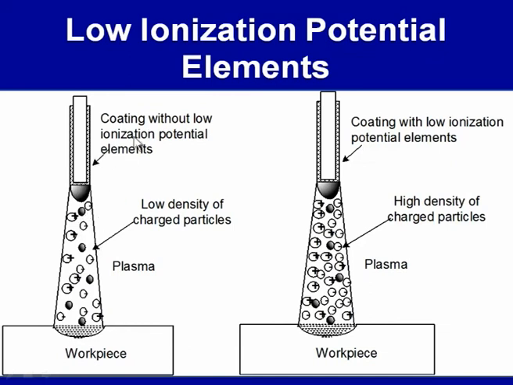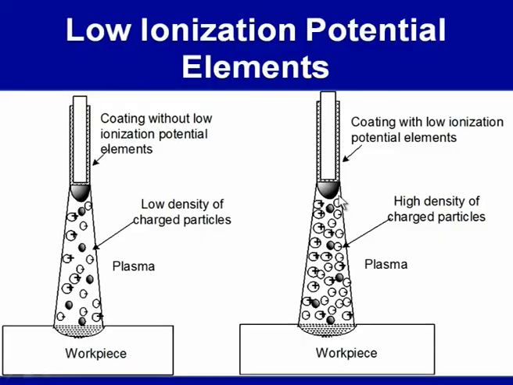Therefore, in case of bare electrodes, when no coating material or low ionization potential elements are used with the electrodes, the stability of the arc with AC becomes poor, and this in turn results in non-uniform and unstable heat generation, leading to the development of a poor weld joint.